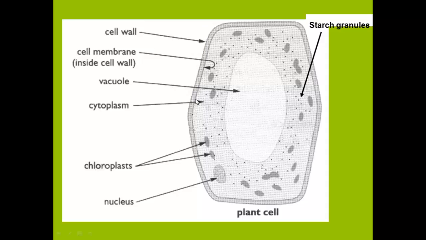Just inside it there. You can never actually see a cell membrane under a microscope. They're far, far too small. You can sometimes see where a cell ends, and you have to assume that there's a membrane there. And then there's the cytoplasm. The cytoplasm is where the chemical reactions of the cell take place. You've also got these little starch granules here, and they are just a little store of carbohydrate.